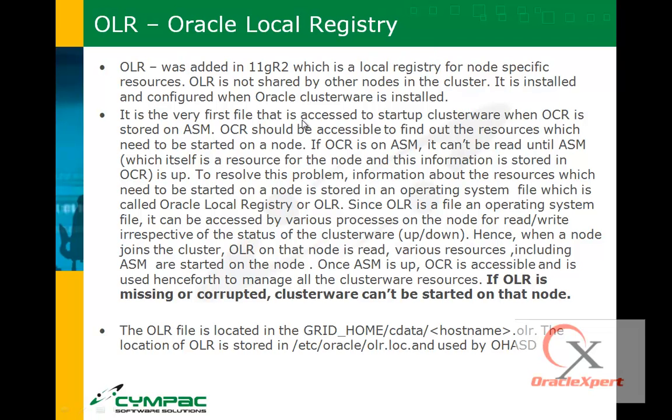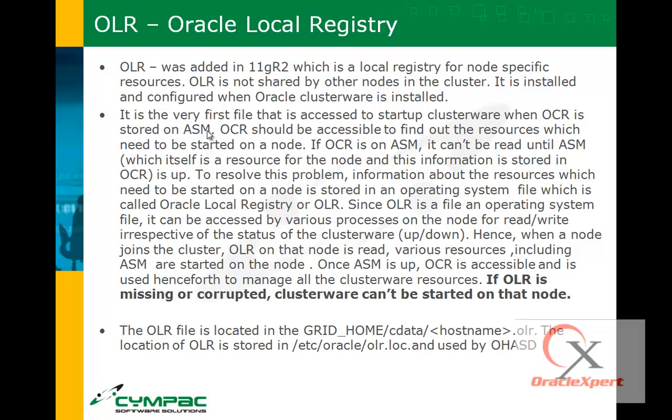It is the very first file that is accessed to start up clusterware when OCR is stored on ASM. When OCR is stored on ASM, all my cluster information and all cluster application resources are registered in OCR. OCR I cannot access until ASM is started. ASM disk groups need to be mounted to be able to access OCR.